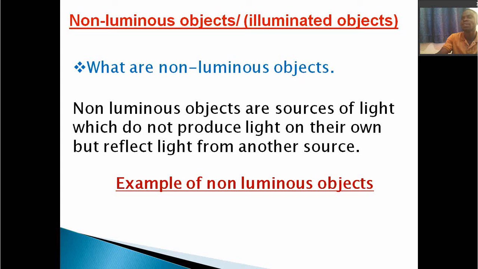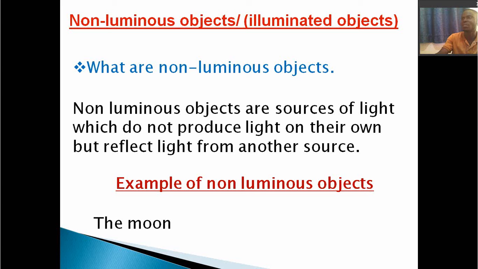Let's look at the examples of non-luminous objects. We have the moon. Are we together? The moon is not a luminous object, but it is a non-luminous object. Why do we call the moon a non-luminous object?